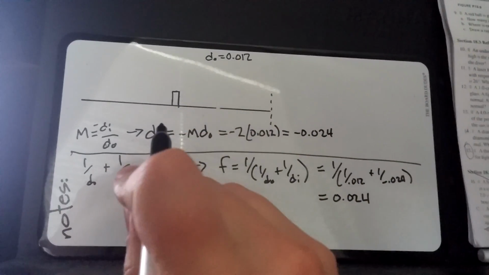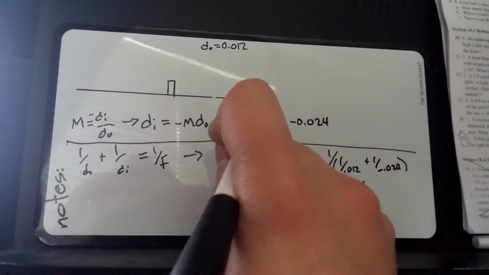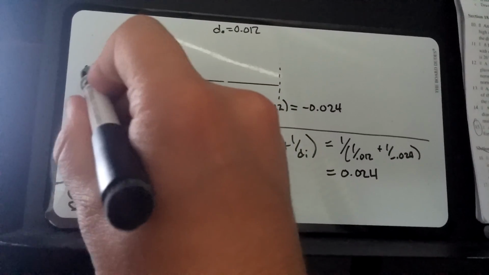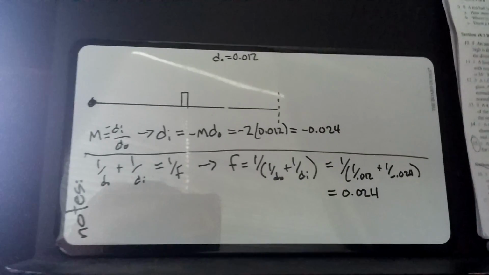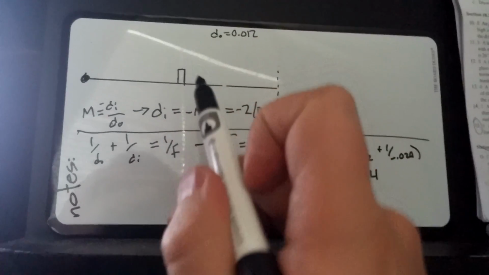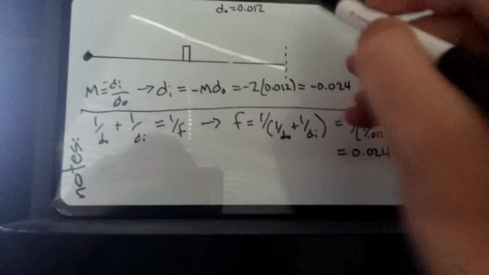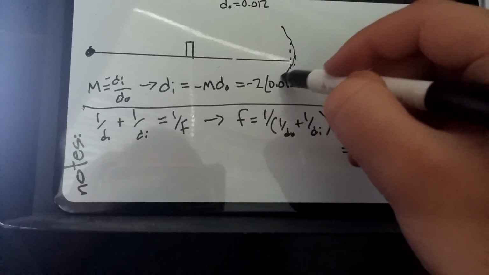So this was 1.2 centimeters away from the mirror. So the focal point is going to be all the way over here. So that makes sense. So if it's going to be over here, that makes this a concave mirror.